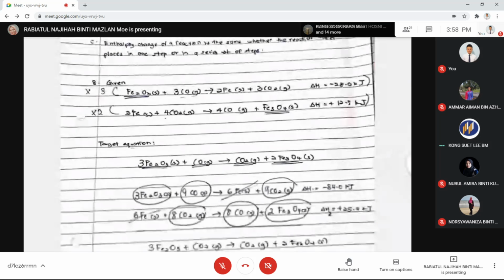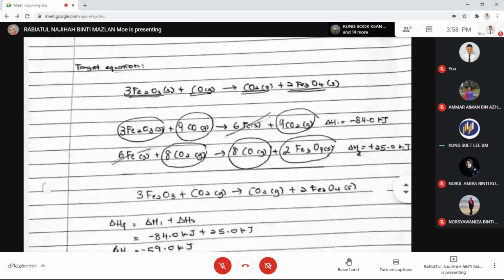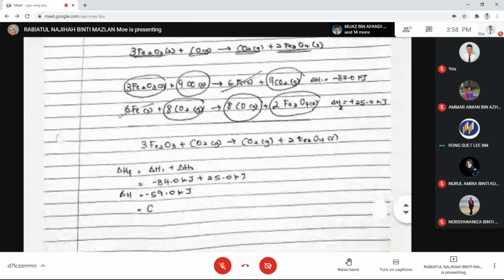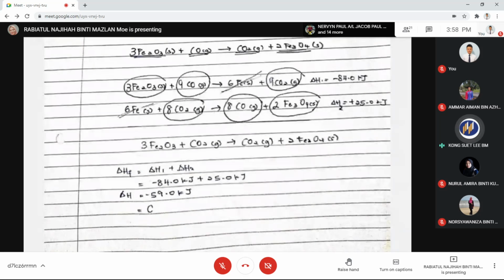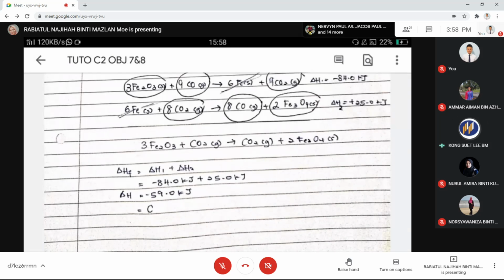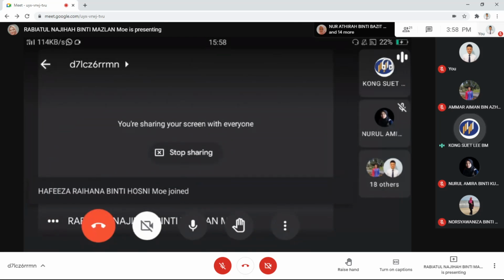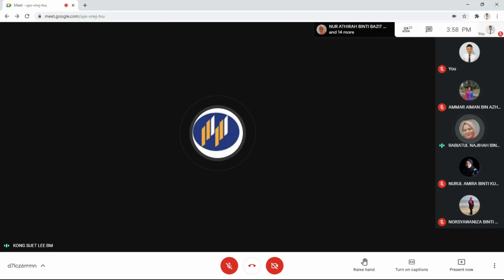And then kita bulatkan mana yang terlibat dalam target equation. So dapat jawapan dia. Jawapan dia ialah C. Okay, very good. Follow method. Tapi yang last kali, soalan dia enthalpy of reaction bukan formation. Okay, thank you Rabiato. Presentation yang so joyful. Okay, next question 9 and 10.